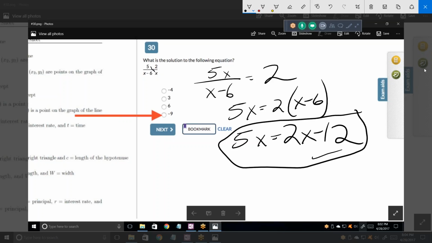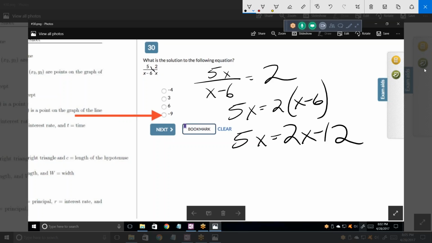Now what's the final solution here? What's the last step? Get rid of the 12 or get the x's on one side, everything else on the other. That's always that step. Gather like terms.